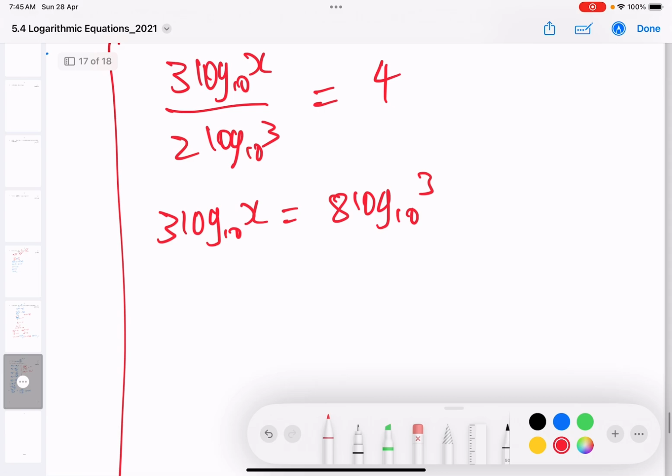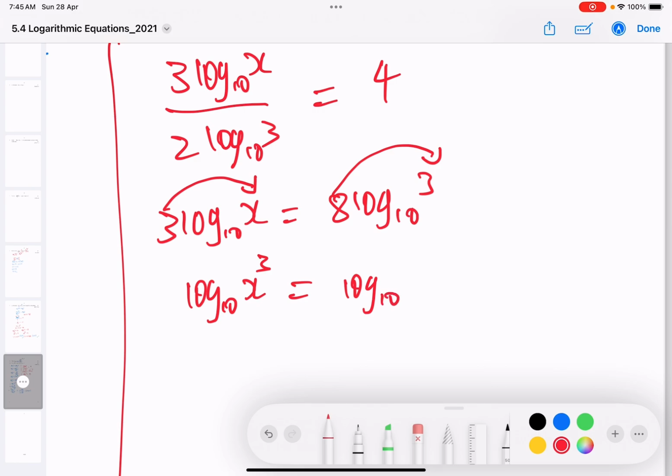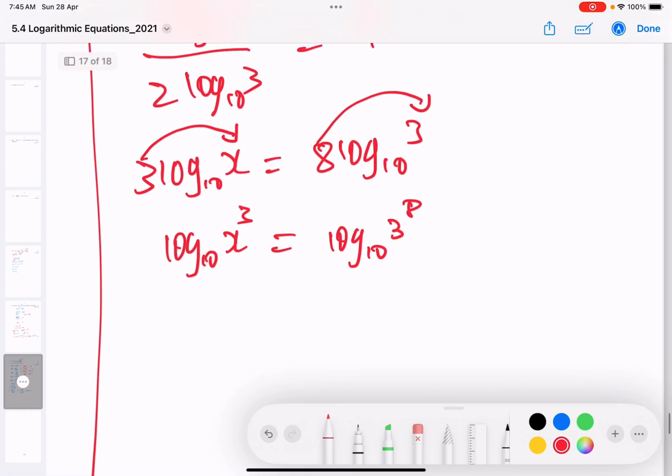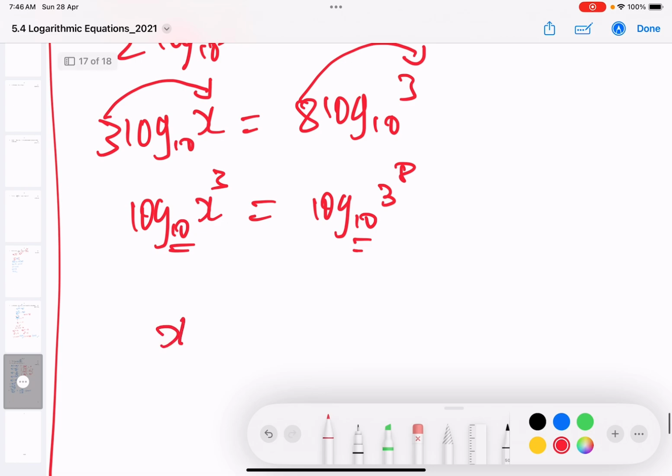All right, if I want to compare the same powers, then I have to bring this thing up here. So it's log 10 of x to the power of 3 is equal to log 10 of 3 to the power of 8. I want to make them the same base so that I can compare the results. So now I can directly compare.